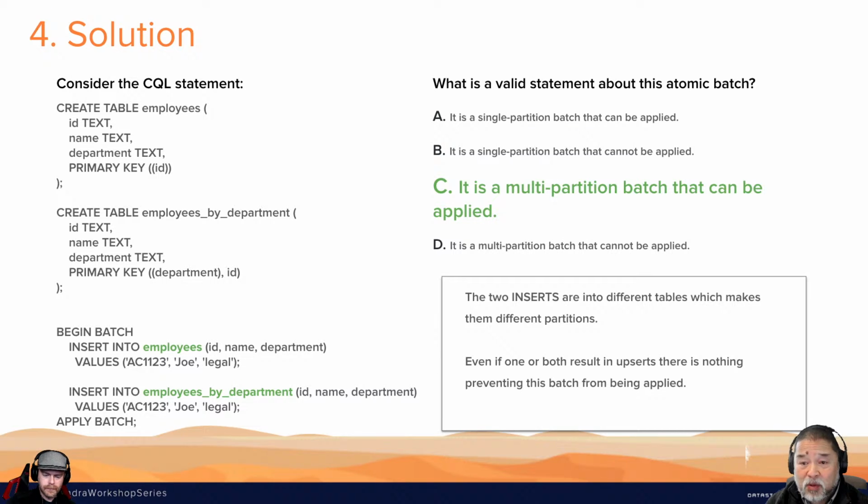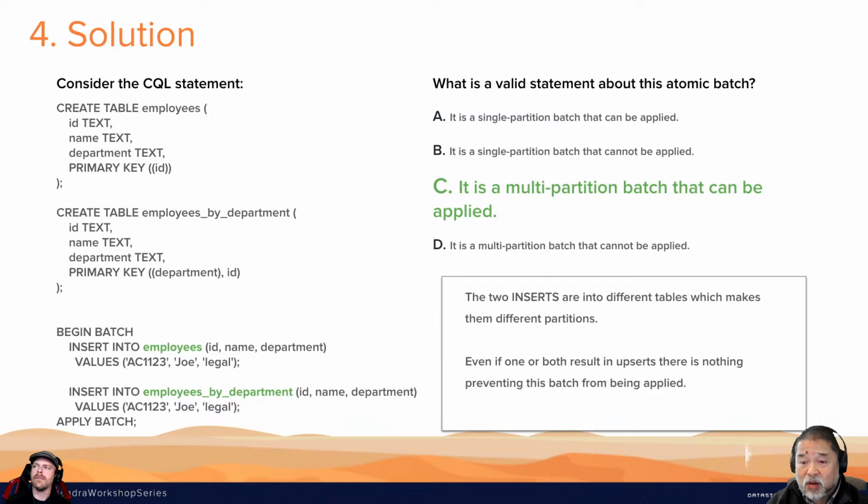So let's look at this. First table, primary key is ID. The second one, the primary key is department and ID, where department is the partition key. So supporting two different kinds of searches: query by ID and query employees by department. We look at the two inserts in the batch. The first one inserts into employees ID, name, and department.